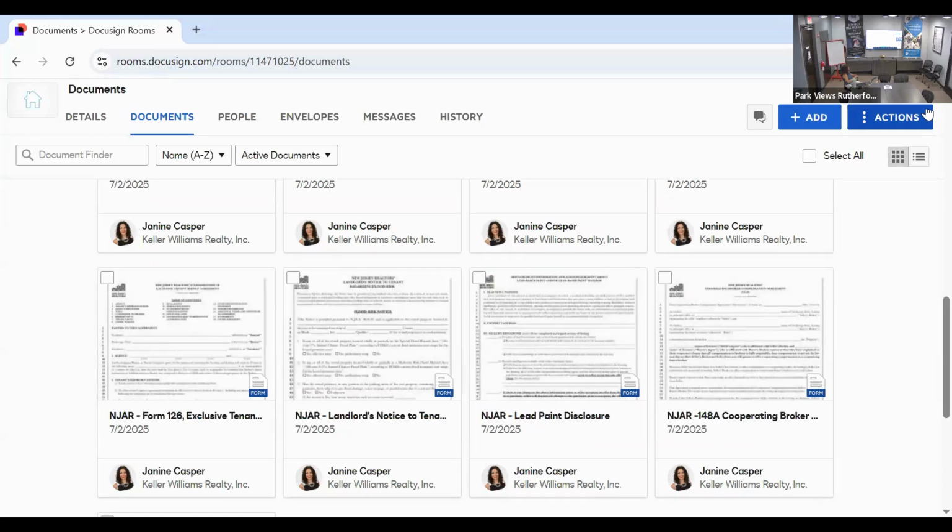Oh, lo and behold, it was signed today at 3 p.m., which means they didn't get it signed before they walked through that door. And now that agent receives a $22,000 fine. $22,000. That's a whole lot of money. It is. And it doesn't go to the office, it's directly to you. So it's all on your rear end.